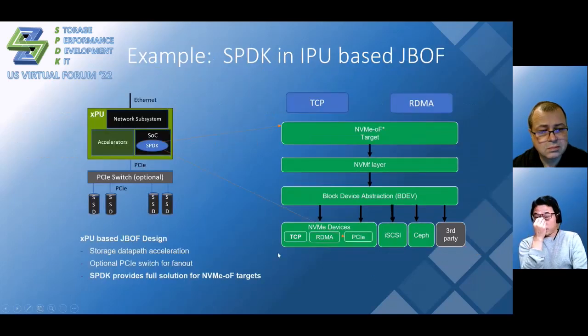To give you a little more detail on how we map to the storage solutions we have in the IPU, the first picture shows the GBOF based usage model. This is a very simple mapping. We pretty much take everything from SPDK and put it into the IPU. Now you can have this GBOF software solution up and running.